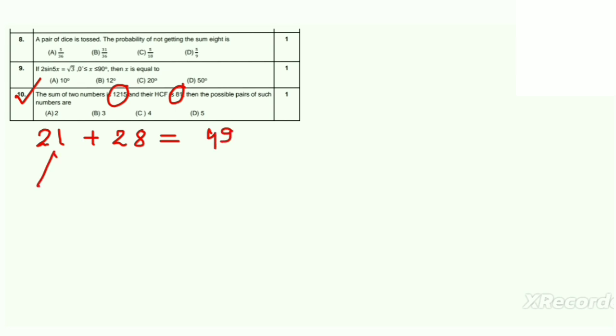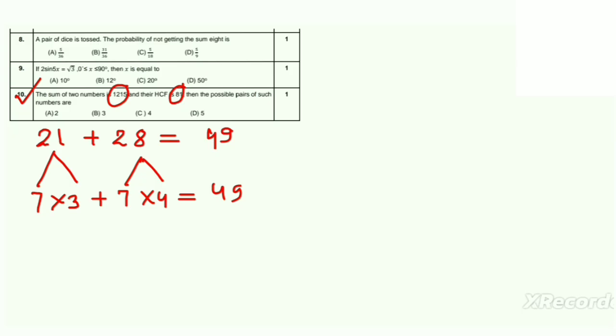Now this 21 can be written as 7 into 3 plus, similarly this 28 can also be written as 7 into 4, and in this case also their sum remains unchanged. So here also their sum will be 49.